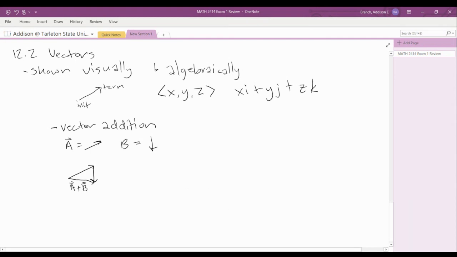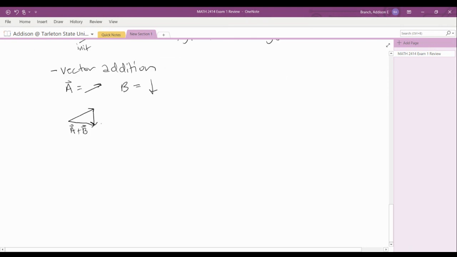Scalar multiplication. If we're thinking about this graphically, remember that's going to essentially change how long it is. It's going to change the length, but the direction will either be the same or flipped if it's negative.